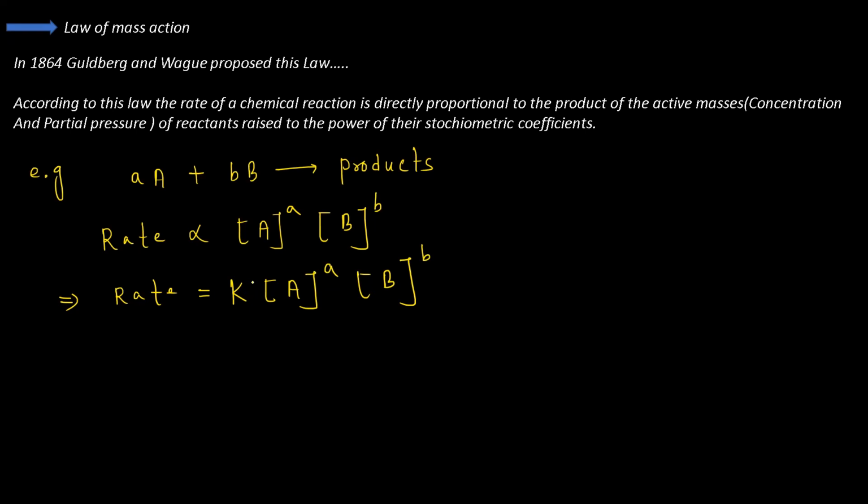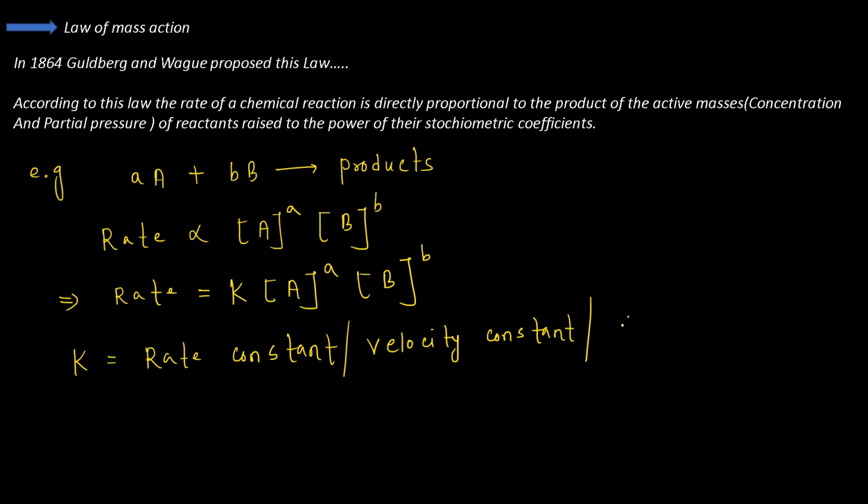Here the proportionality constant K is called rate constant, or velocity constant, or specific reaction rate.